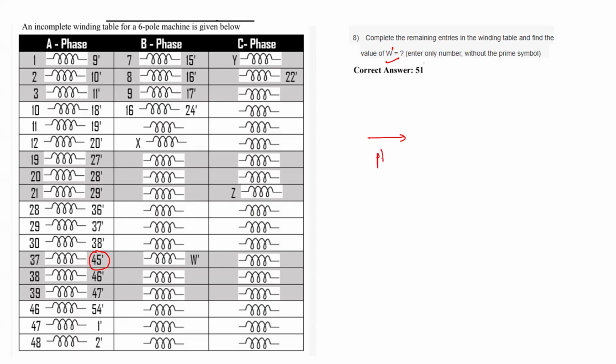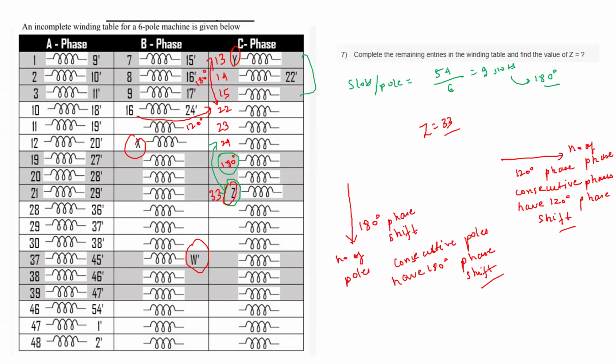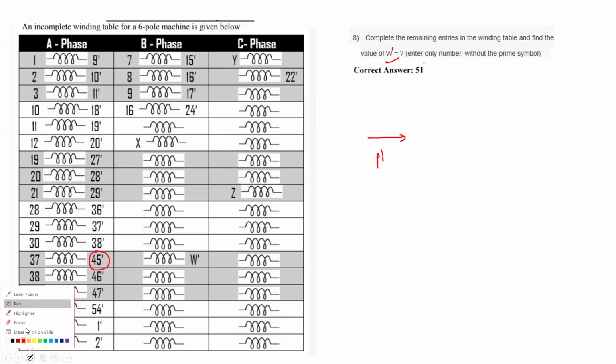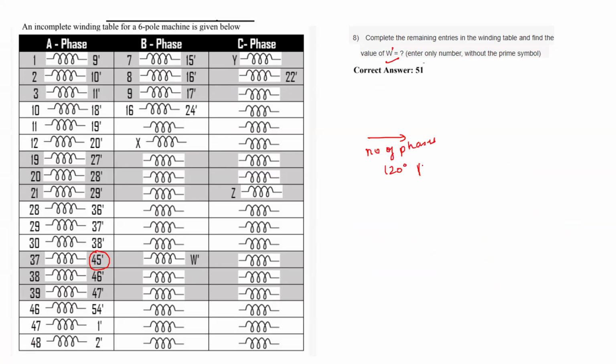On this axis we have the number of phases, which is one, and a 120-degree phase shift between two consecutive phases. So we will use this to arrive in one step only.